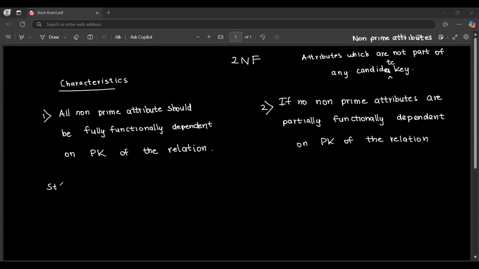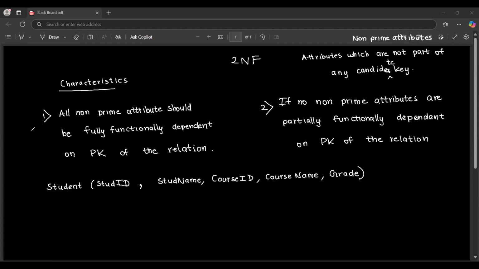Let's say there is a table called student, and it has the attributes stud ID, stud name, course ID, and grade.